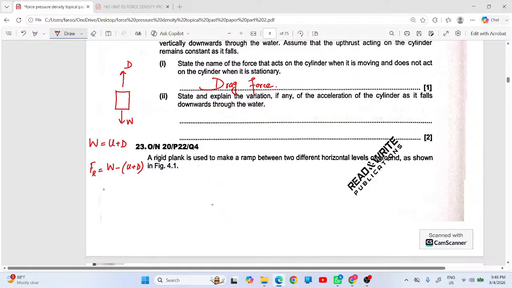Now, drag force is proportional to the speed. So if the speed increases, drag force increases, and if the drag force increases, the resultant force will decrease. That decreases the acceleration. इसका आंसर देखेंगे कि acceleration decrease हो रहा है. I think acceleration has to decrease.